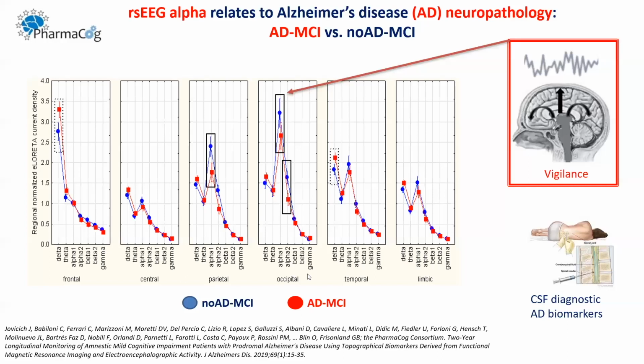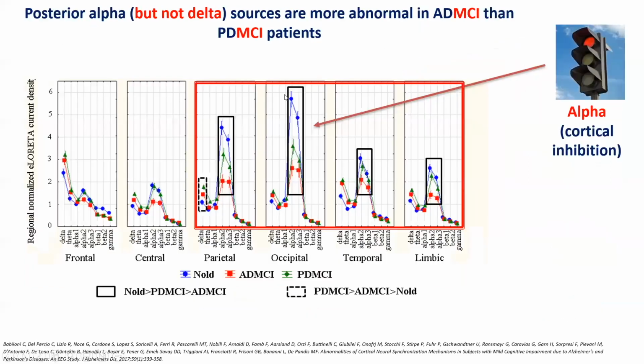And you see that both groups have an abnormal decrease of cortical sources of alpha rhythms in the occipital, parietal, and temporal regions of interest, but the bigger drop of alpha source activity is in the parietal, occipital, and temporal areas in Alzheimer's disease versus Parkinson's disease MCI.